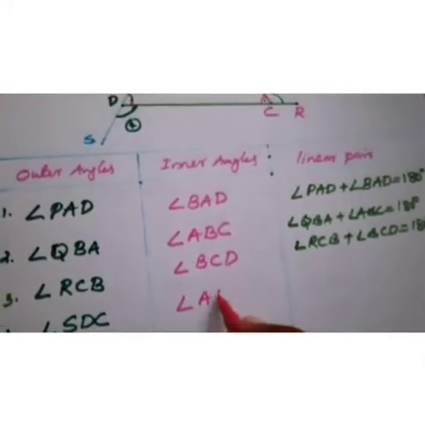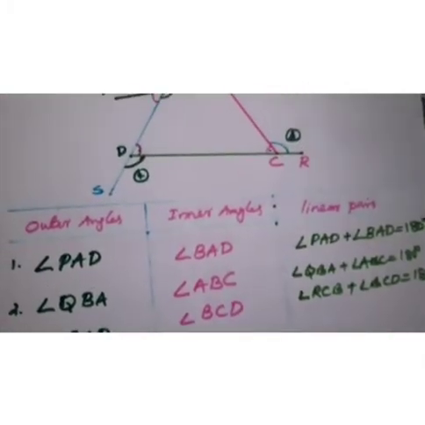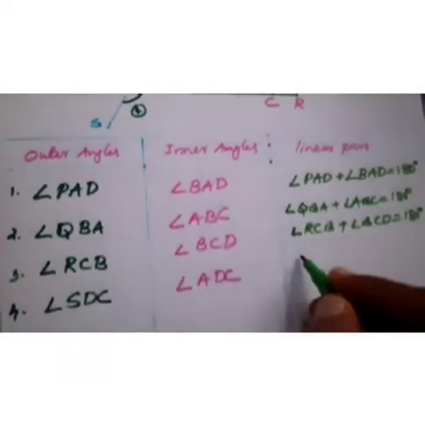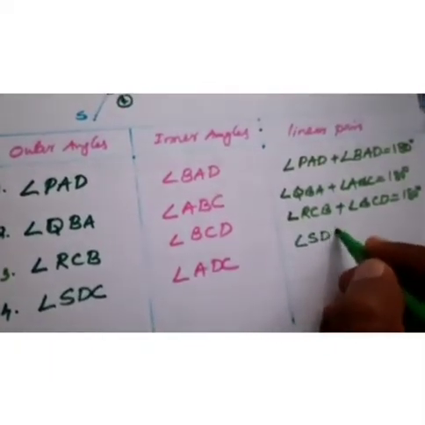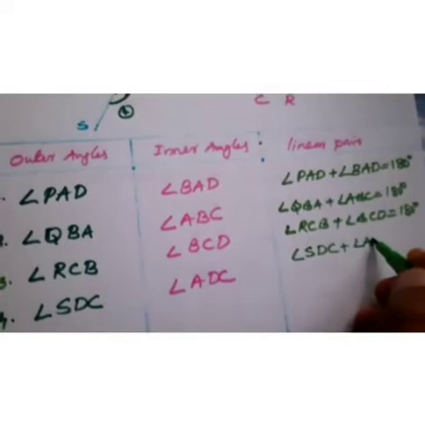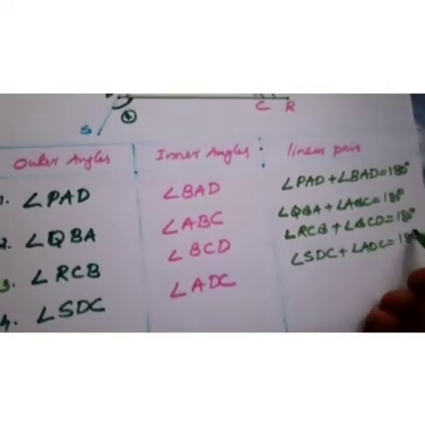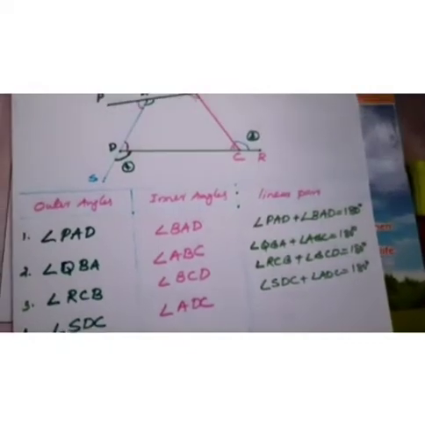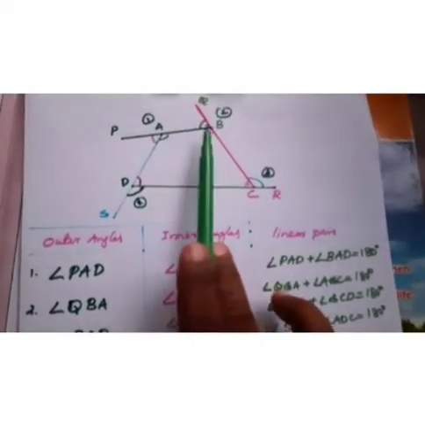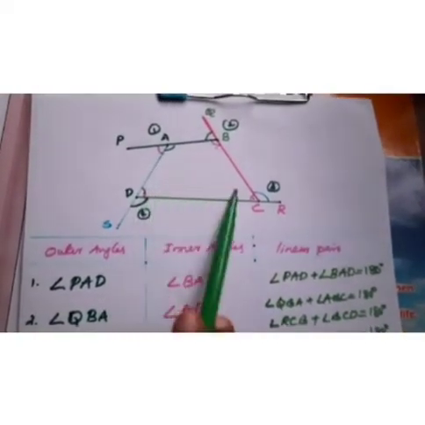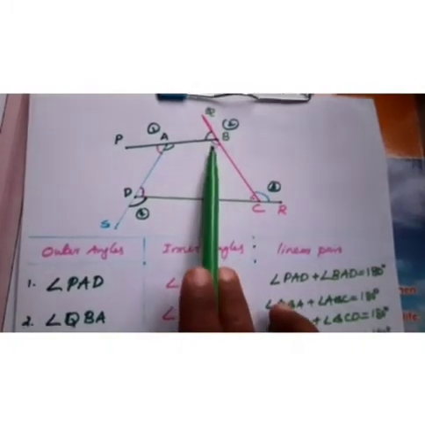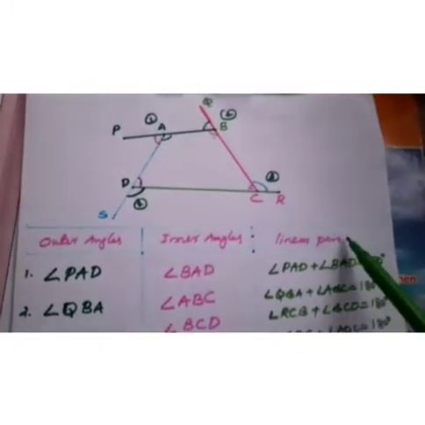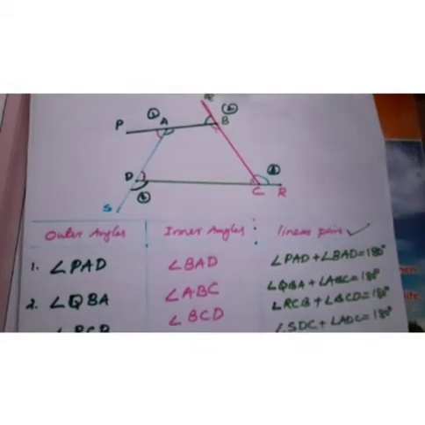Angle ADC. Then both together it is a linear pair. Angle SDC plus angle ADC is equal to 180 degrees. So these are the different pairs. 4 outer angles we can get here, 4 inner angles also, and inner and outer angles together it is called a which one? Linear pair.